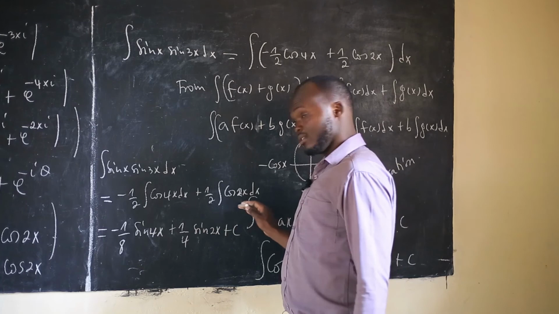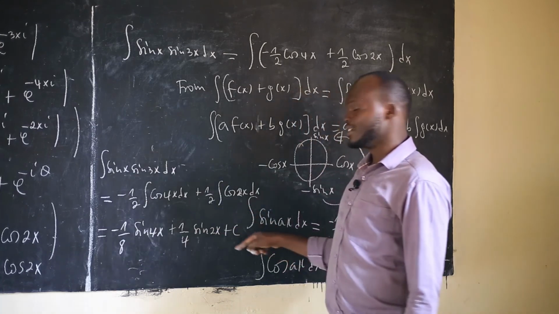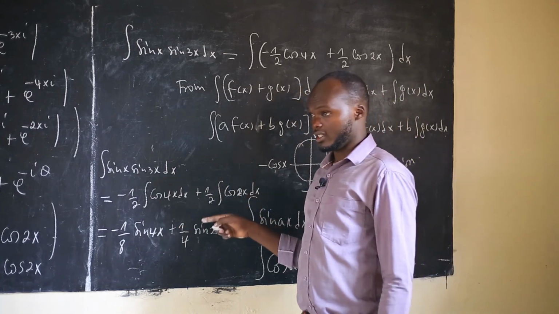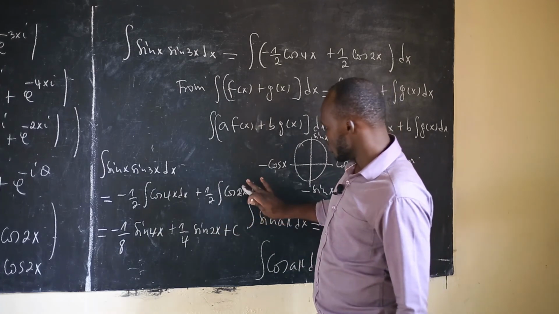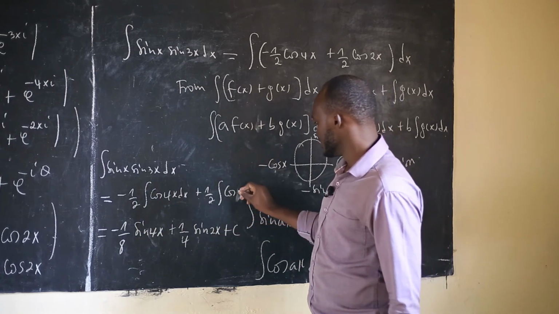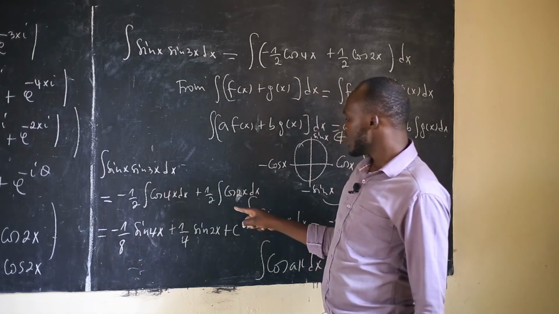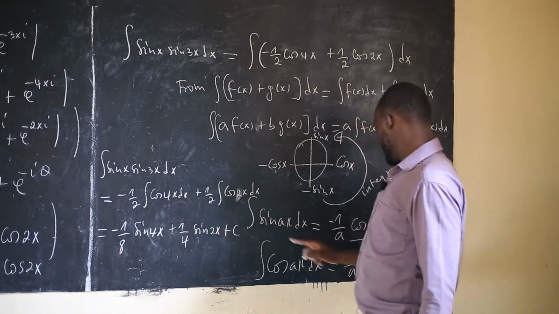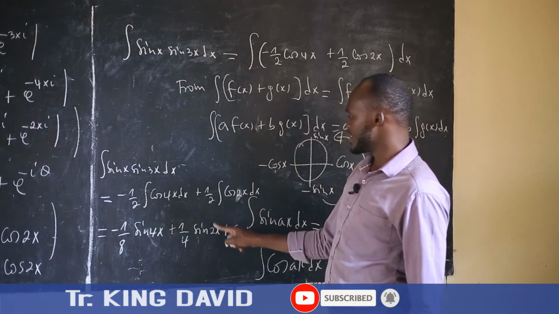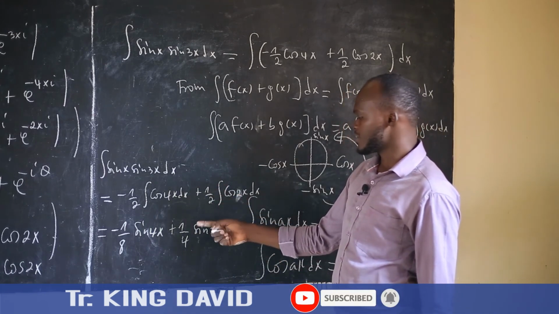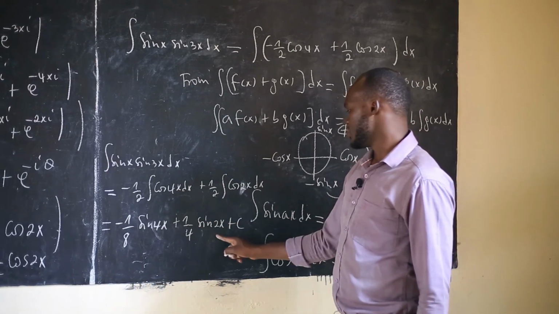But if we are still doing integration, we just write c after doing all integrations. Then, here this is 2. Integration of cos 2x is 1 over 2 sin 2x, but here we have a half. A half times a half is a quarter. A quarter sin 2x plus c.